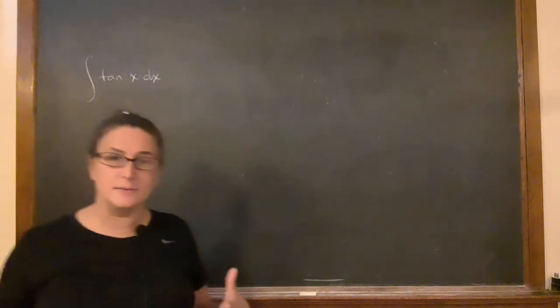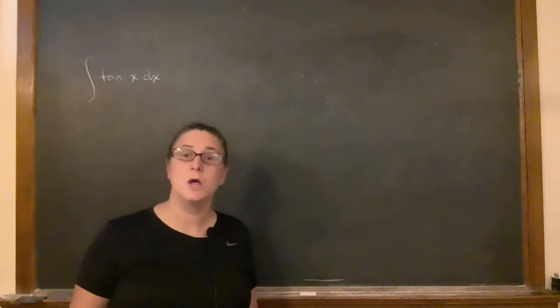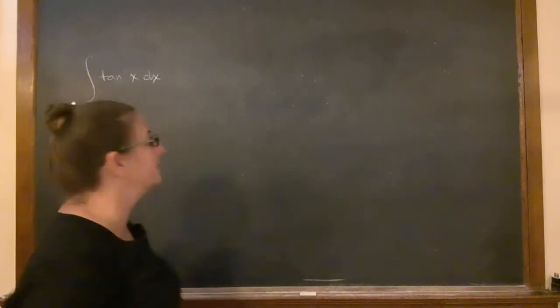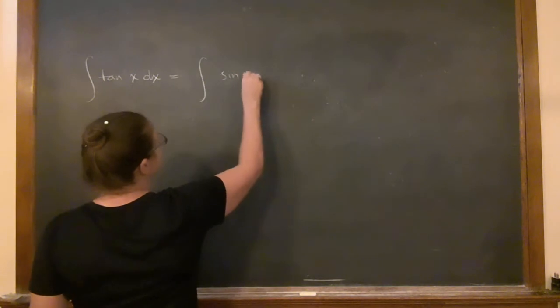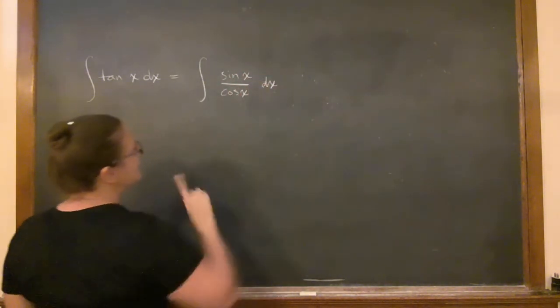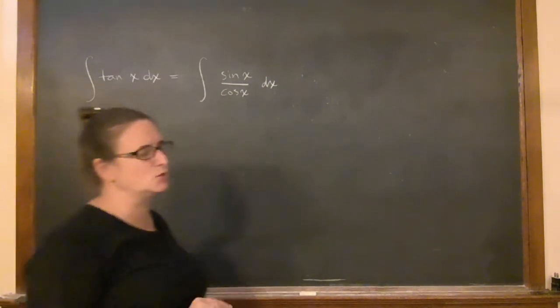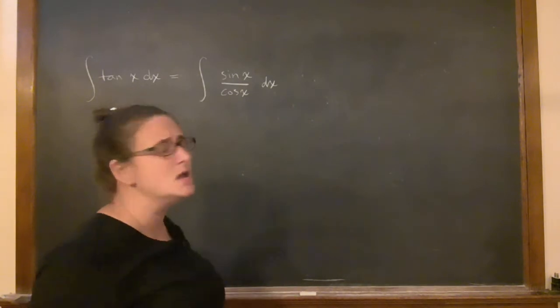Well, oftentimes with the trigonometric functions, we have to use some sort of identity. So let's write what tangent is. It's sine over cosine. And now, this is something you'll see fairly often.